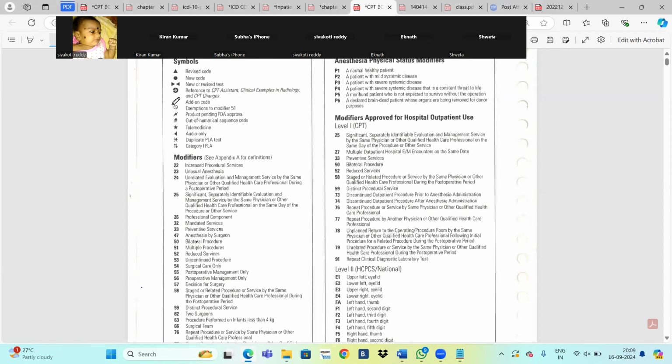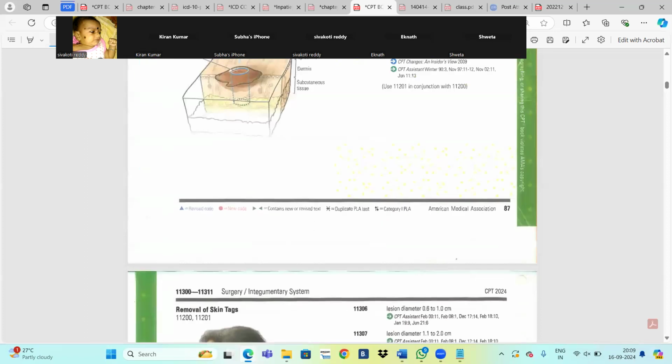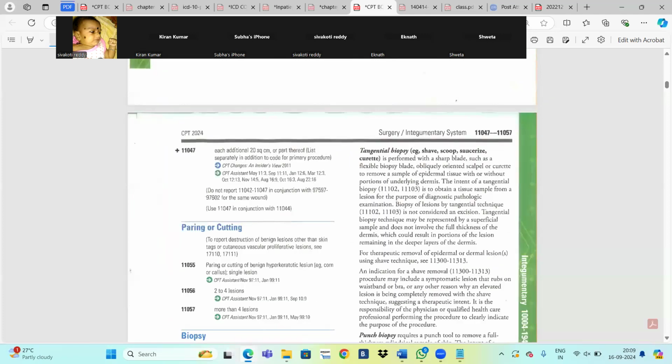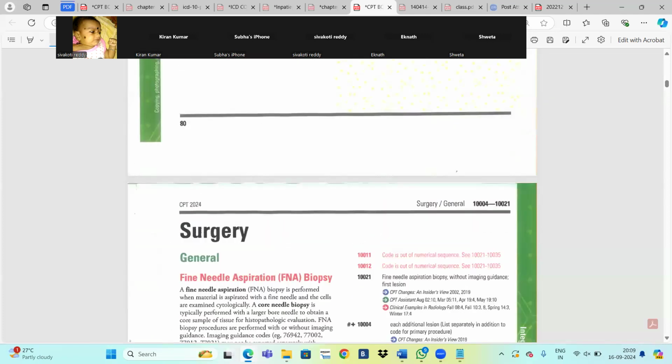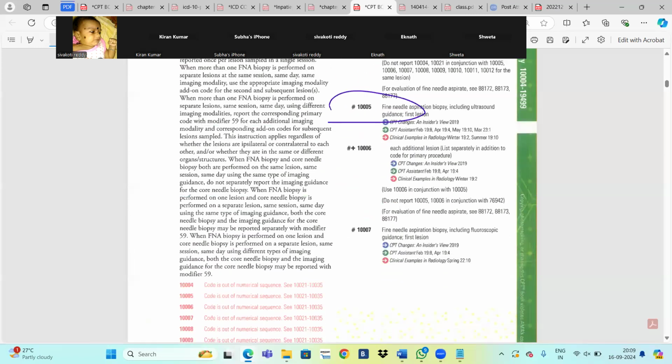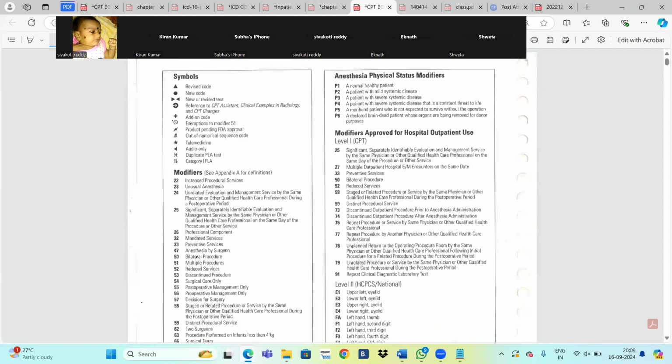The symbol is available before the code, like this plus. So what is the meaning of these symbols? At least you need to remember 3 symbols.